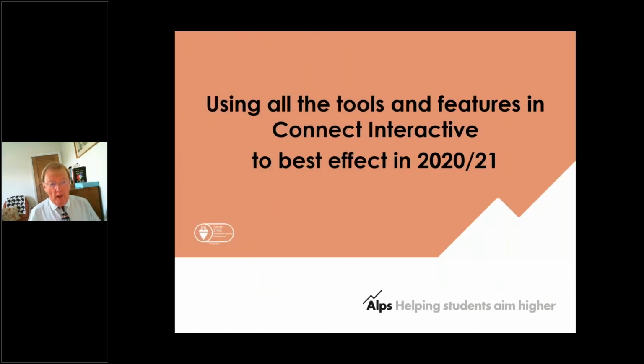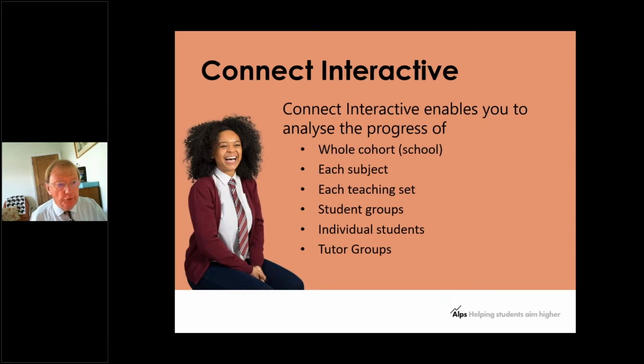So, over now to a discussion, first of all, about using the tools and features in Connect to best effect. Not going to take long, and I'll be quickly moving on from this into the actual demonstration.